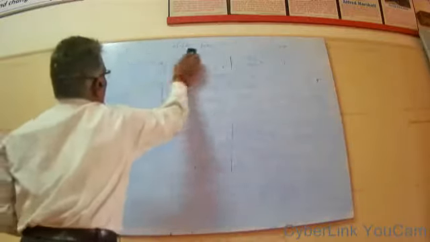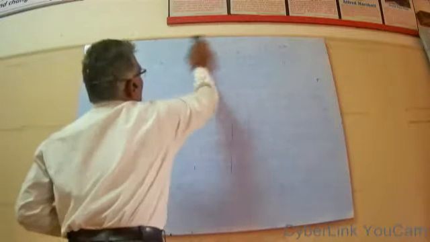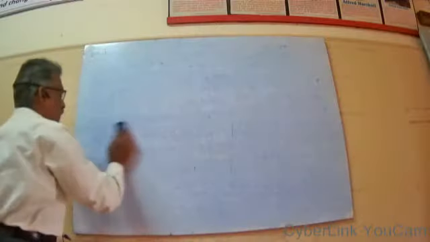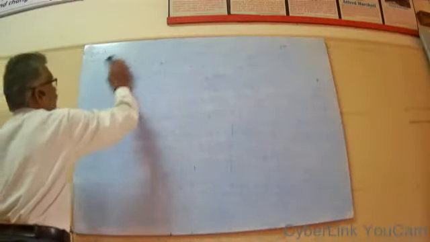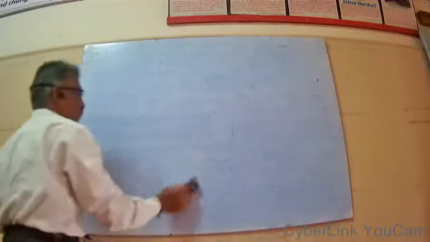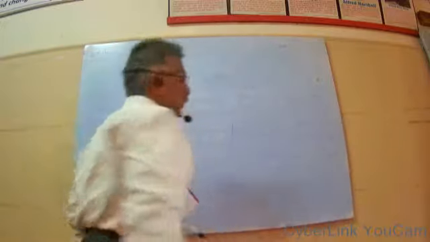What is the step deviation method? In this method, in the distribution, we arbitrarily choose a number, normally the middle of the values.